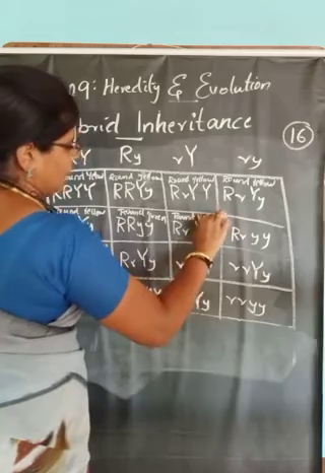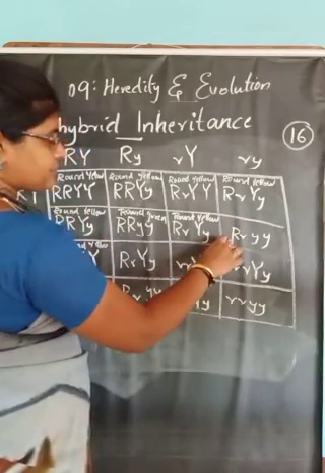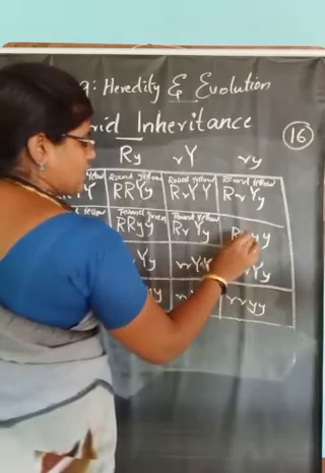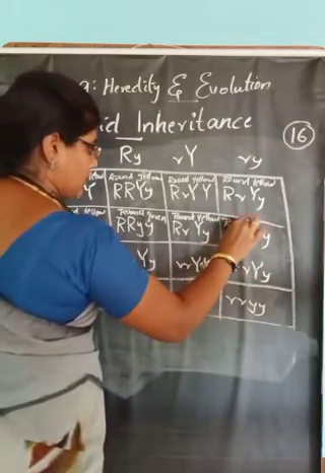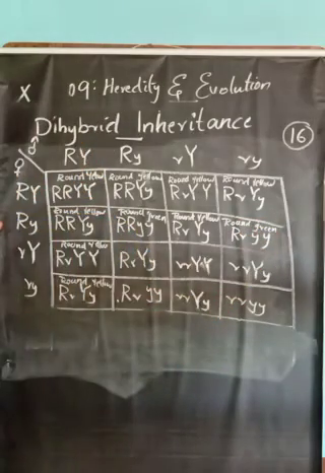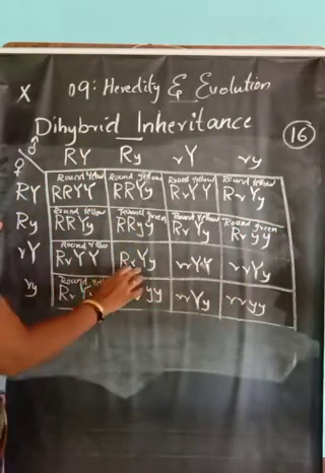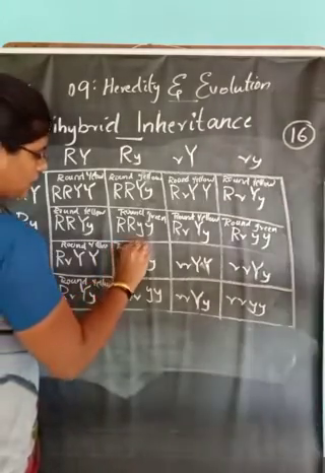Then this is round green, because there is no capital Y. Then this is round yellow, because a single copy of each factor is there.